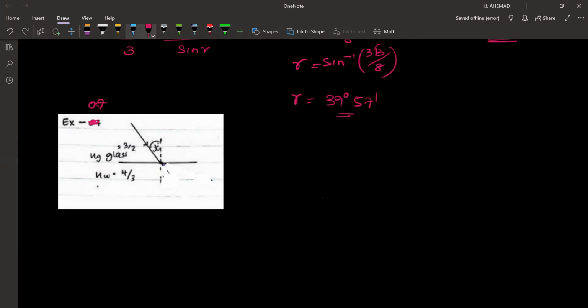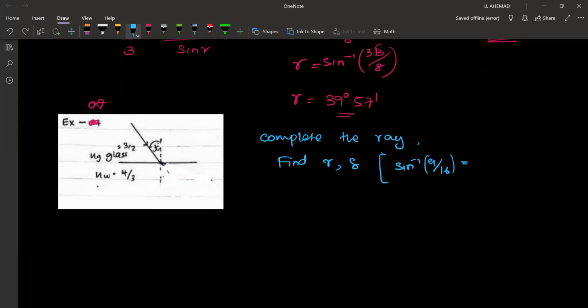So again, you have to complete the ray and find R, comma, delta. Given sine inverse 9/16 is equal 34 degree and 13 minute.